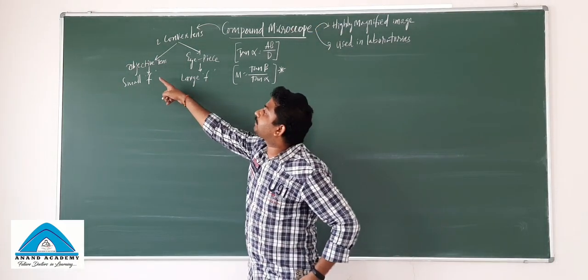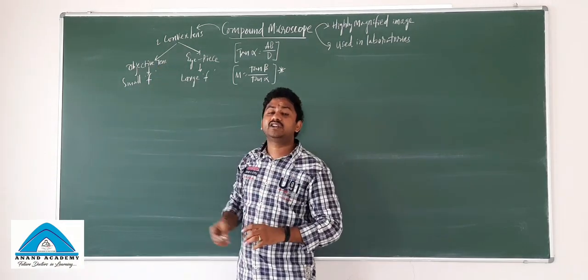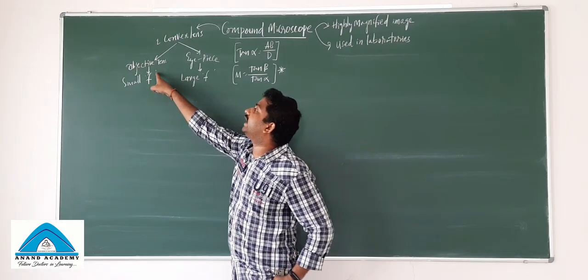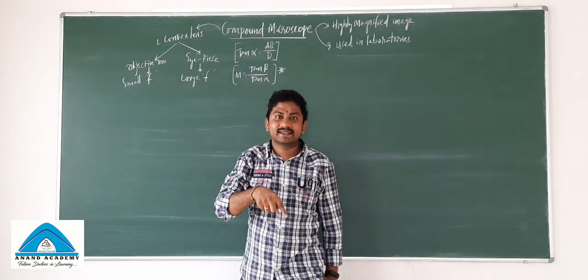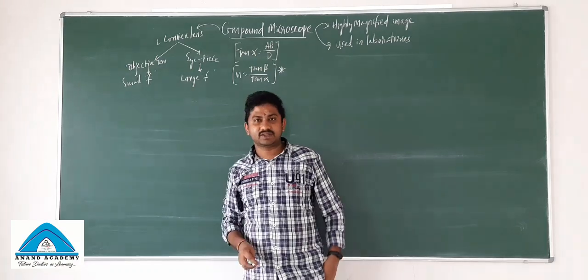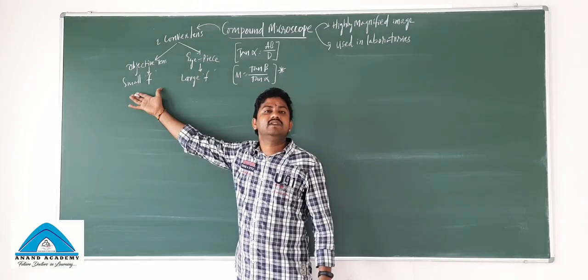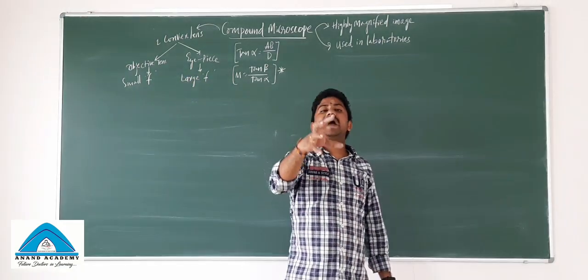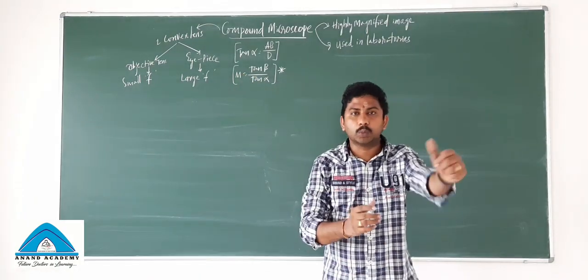When the object is kept near the objective lens, it gets some magnification. The image formed by this objective lens behaves as an object for the eyepiece, and another magnification is obtained by the eyepiece. So the product of the magnification by the objective lens and the magnification by the eyepiece gives you the final magnification of the compound microscope.